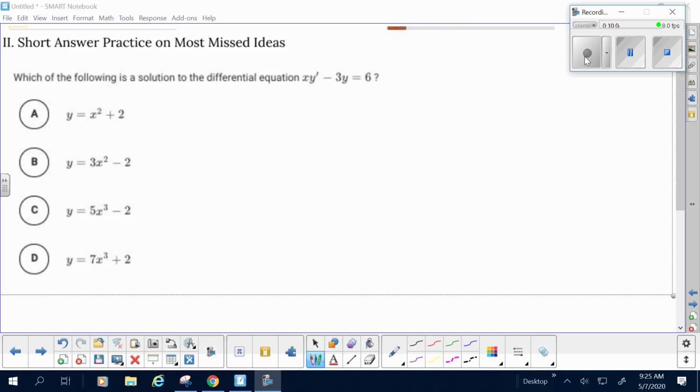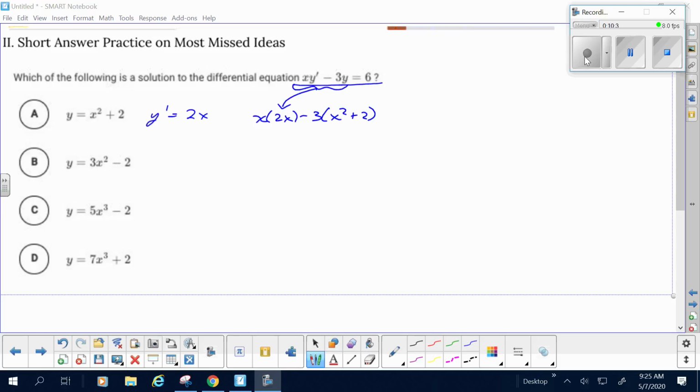These are the problems that are kind of like an identity. You're trying to show that this could come out to be 6 based on one of these equations. So for example, on this, if I found y prime that was 2x, and then I plugged in the left to see what I got, xy prime would be x times 2x minus 3 times y is x squared plus 2.